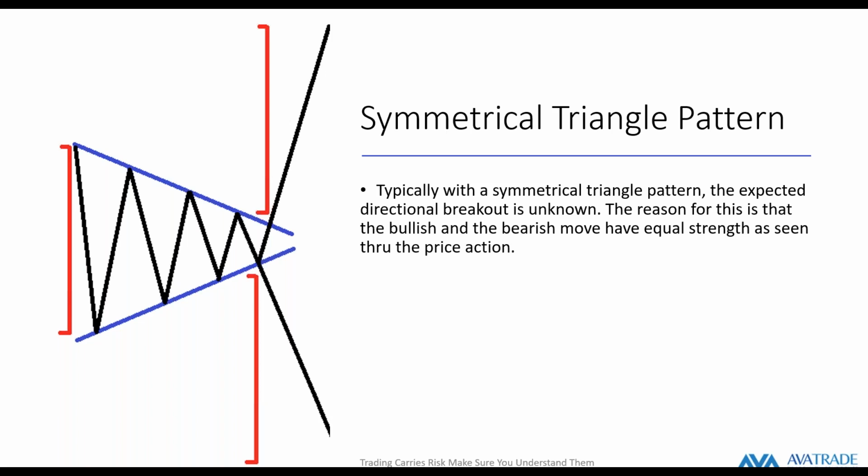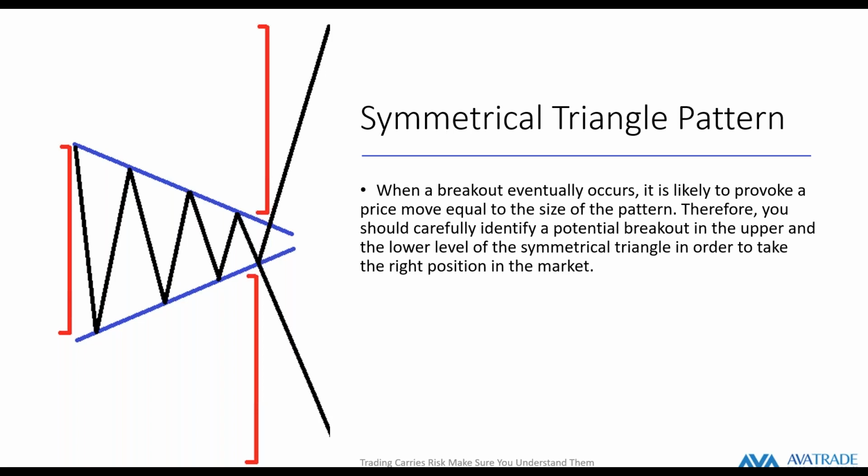So typically, with a symmetrical triangle, the expected breakout is unknown. The reason for this is that the bullish and the bearish move have equal strength as seen through the price action. When a breakout eventually occurs, it is likely to provoke a price move equal to the size of the pattern. Now, this is a standard calculation.